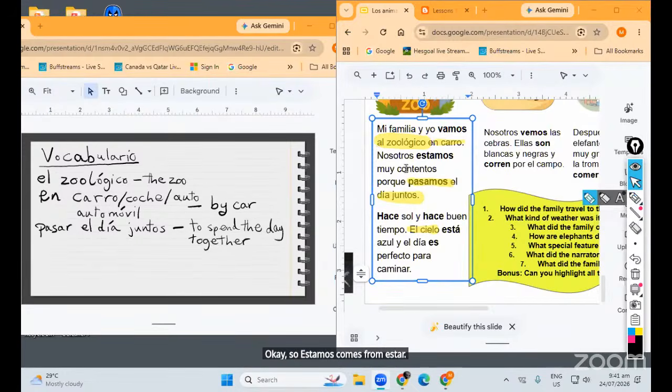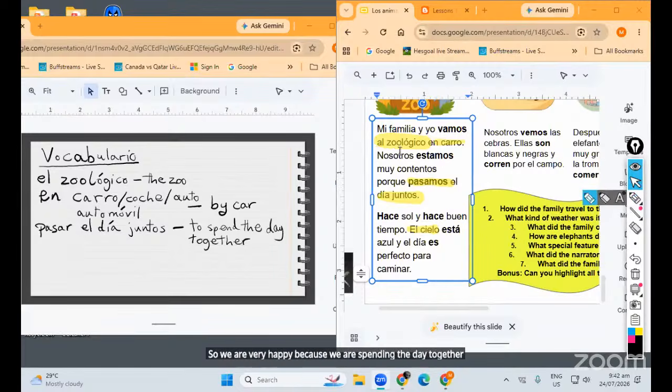So estamos muy contentos means we are very happy. Vamos comes from ir to go. We are going. And the other one is caminar, which means to walk. So we are very happy because we are spending the day together.